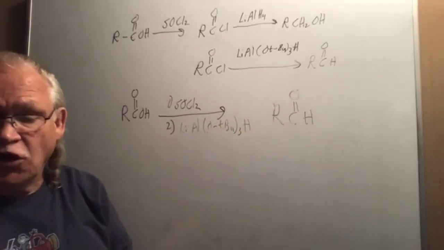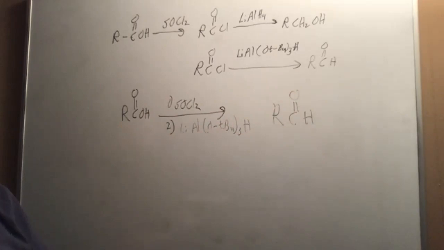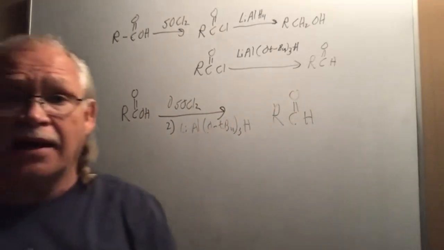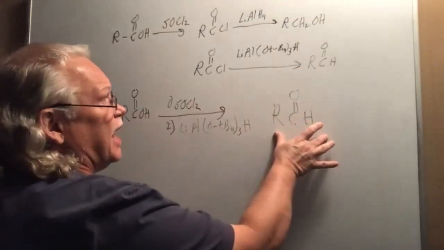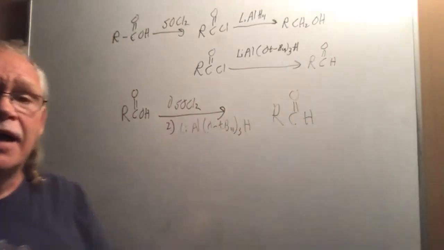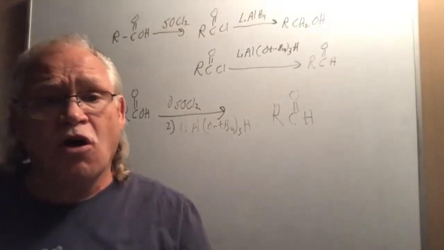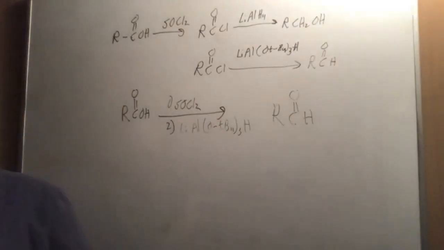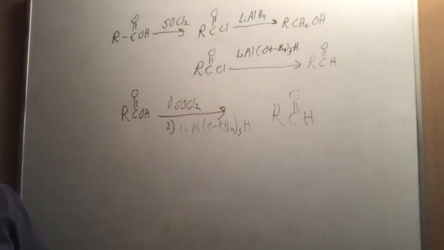This is one of the few ways that you can take a carboxylic acid and stop at the aldehyde, because most reagents that are strong enough to change it to the aldehyde are also strong enough to take the aldehyde and turn it into the alcohol. So if you want to turn a carboxylic acid into an aldehyde, this is a very easy way to do this. Treat it 1 with SOCl2 and 2 with this reducing agent.